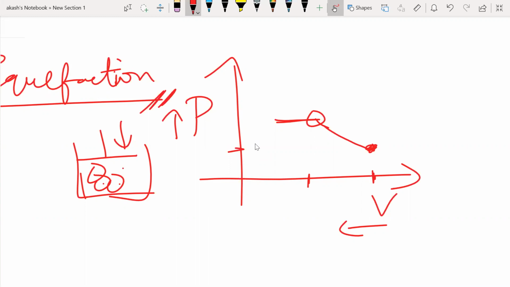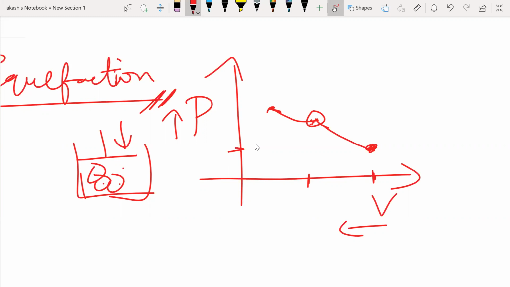Something like this, not exactly like this. So what you see here is after this particular point, the change in pressure is not going to be that much, and this is going to happen until all the gas molecules are converted into the liquid state.